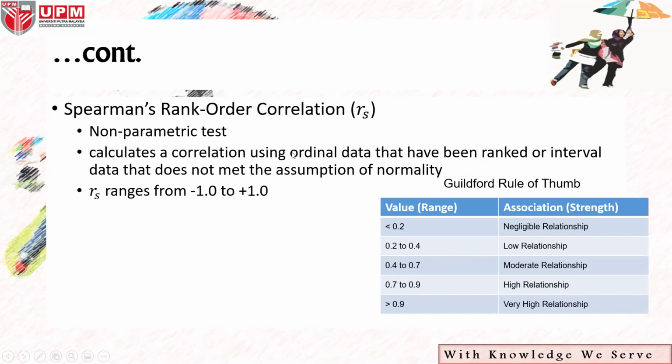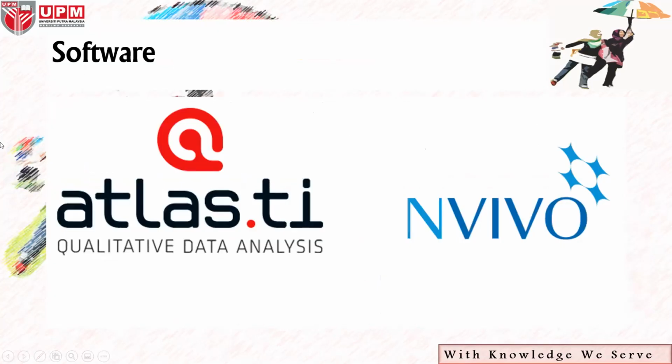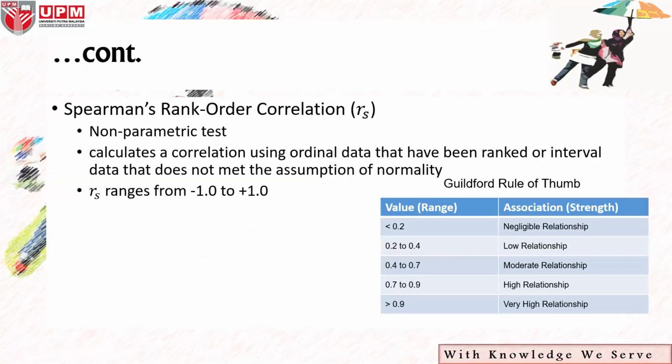It calculates a correlation using ordinal data that have been ranked, or interval data that does not meet the assumption of normality. So this I also discussed last time. We use the Spearman rank order correlation most of the time because the data are in ranking form, or we use it if our interval or ratio data does not meet the assumption of normality.